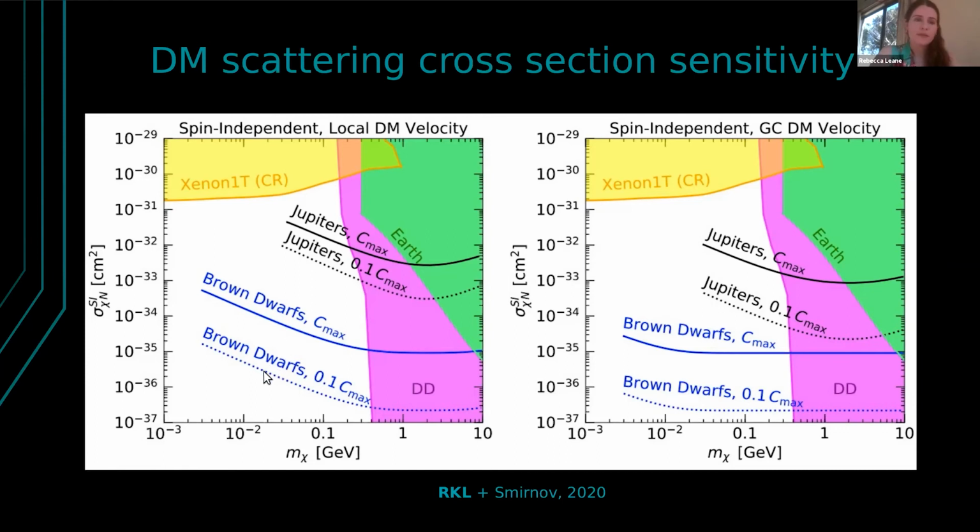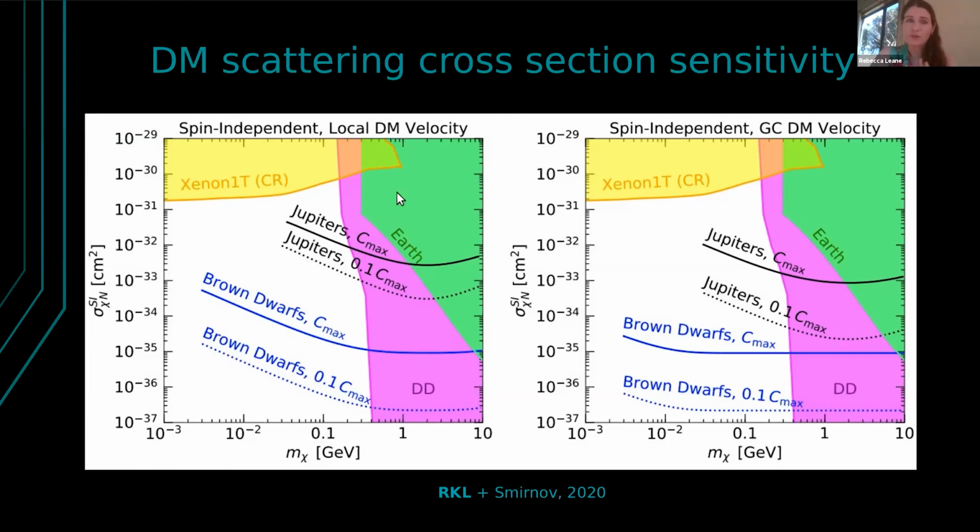So what we can see comparing to other sorts of observables, so this is Earth heating on the side here. The DD is just a combination of direct detection measurements. And at the top, this is coming from cosmic rays boosting dark matter and having a boosted dark matter signal that arrives at your detector.